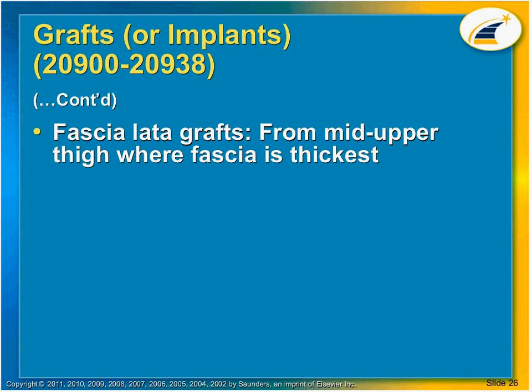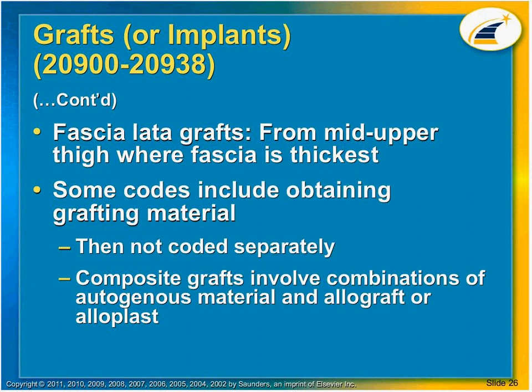Some codes bundle procedures together and others do not. And the question is posed, how should a graft procedure be coded? Some codes are bundled in obtaining and implanting the graft material. Obtaining means getting the material from a donor spot, implanting it to a recipient spot.